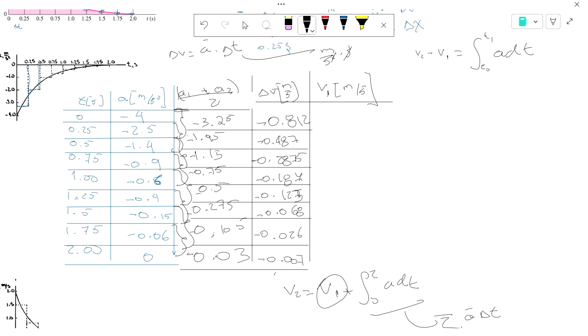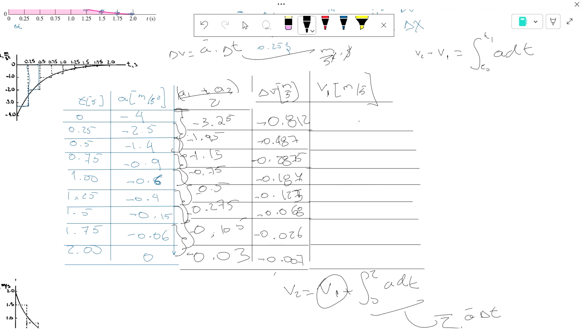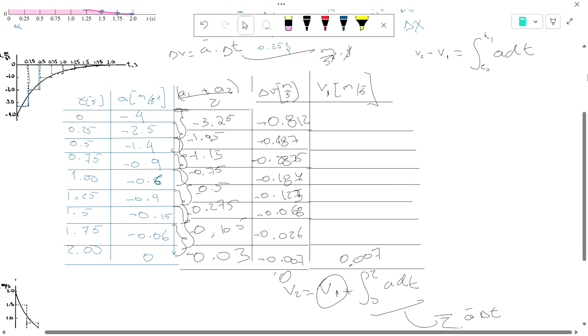So actually, this value corresponds to 175. So let's start from 0. All right, so the first thing we're going to do is start from 0. So 0 to 0.7 is positive now because we're on the other side of the equation. So you'll see this in a minute. Just remember to do this when you have to find your average velocity.